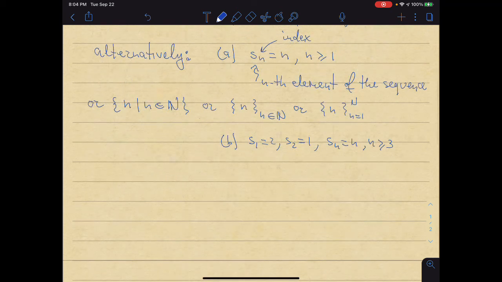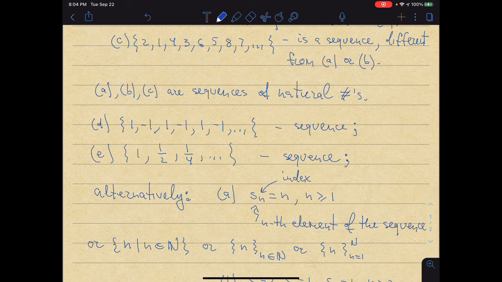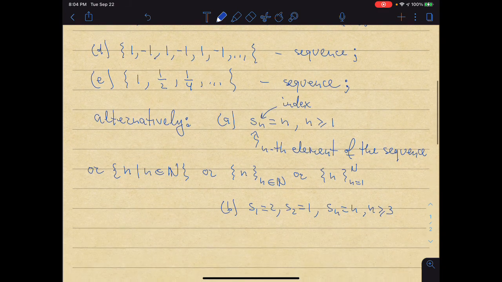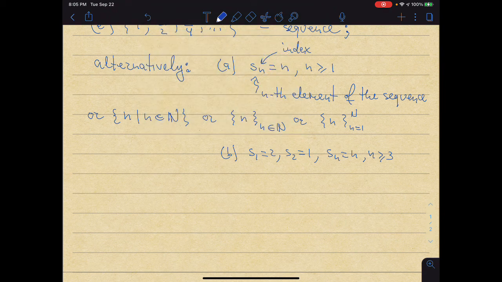In case C, what we see is even numbers at odd positions and odd numbers at even positions. If we need to provide the prescription of how to compute an element as a function of its position, then we need a piecewise defined function. So we will say, in case C, that Sn will have a different value depending on whether n is even or odd.